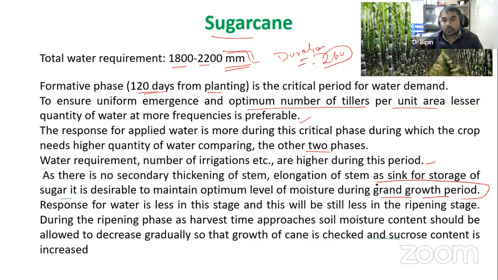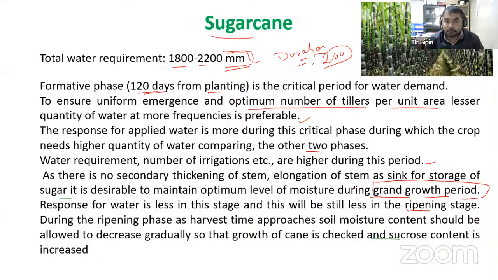Okay, so when the grand growth starts in your sugarcane, during that time water is the most important, because photosynthates are translocated, and the translocation is very important, because ultimately you want to get the sugar content. So that is why this grand growth phase is very much important, and the response to water is less in the next stage, and this will be still less in the ripening.